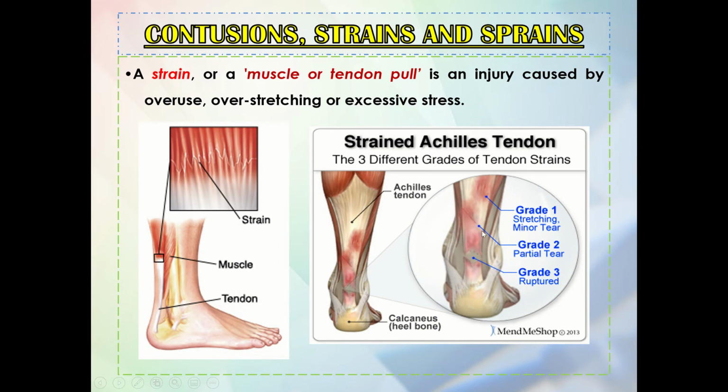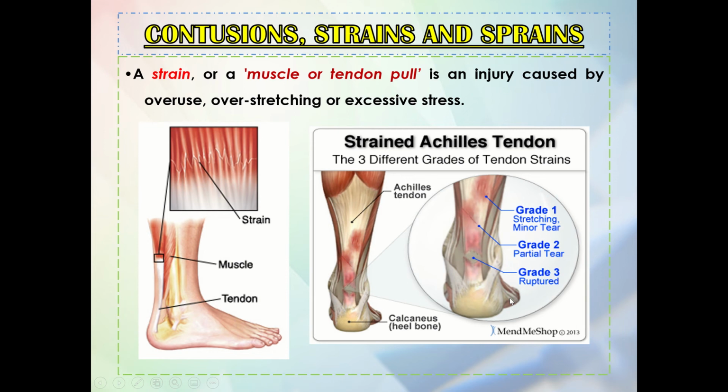So makikita natin na somehow parang may konting punit na nga. And then for grade 3, talagang nag-ruptured na mismo yung tendon. So somehow nasira na talaga yung tendon, parang naputol or napigtas yung tendon for that matter. Okay, so this is a strain.